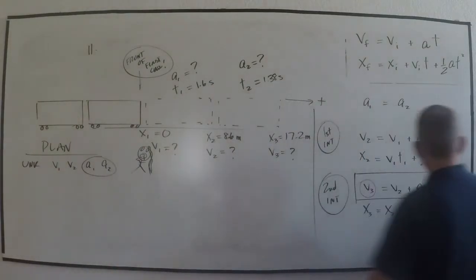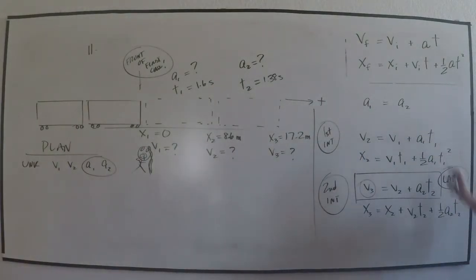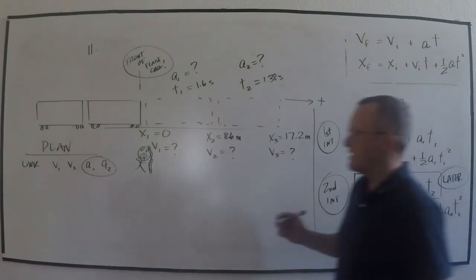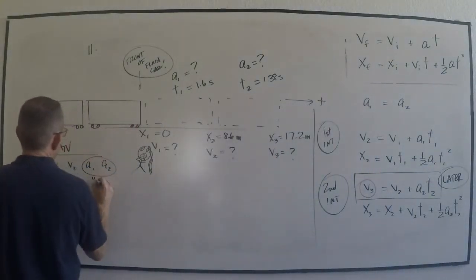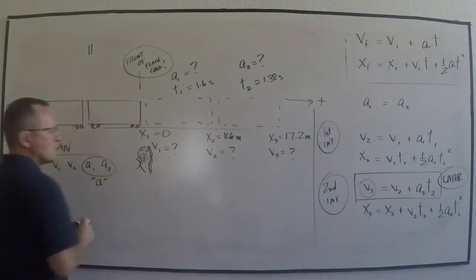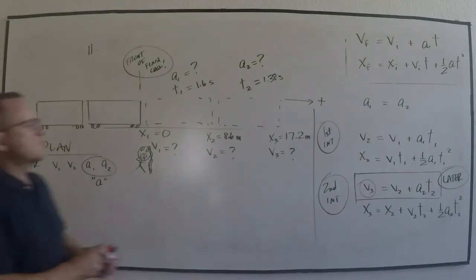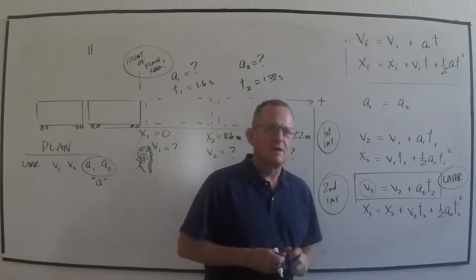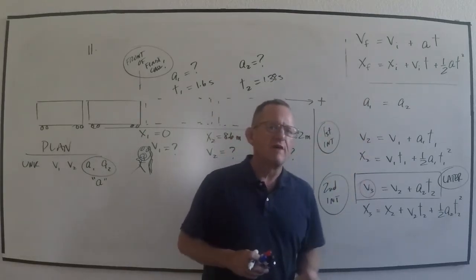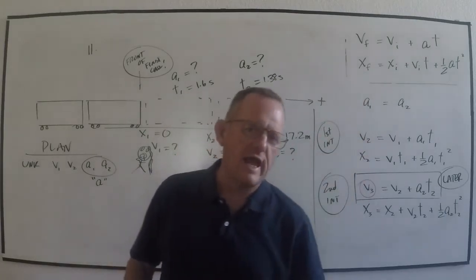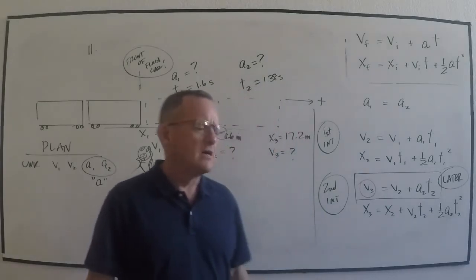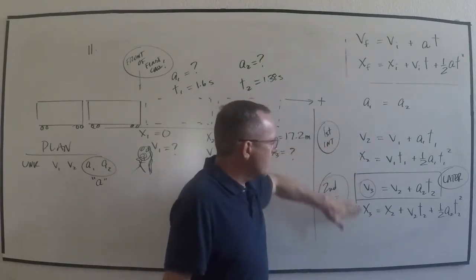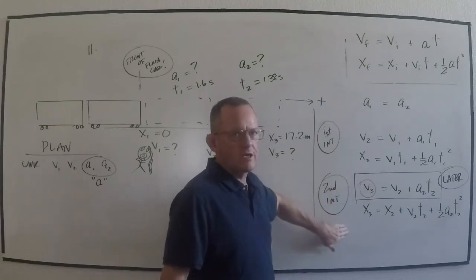Aren't we just going to replace A2 with A1 so that we only have one acceleration? For simplicity, let's just call that A. Once we make that substitution, we're now down to 3 equations. We started with 5 equations, 5 unknowns, and just by looking at it, without doing any algebra, we've reduced it to just these 3 equations.